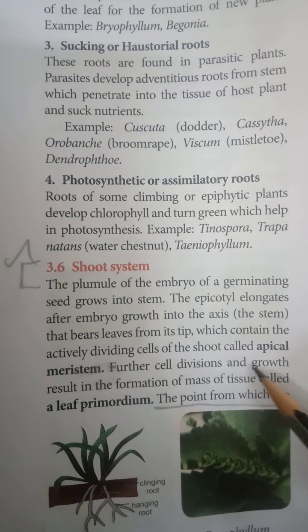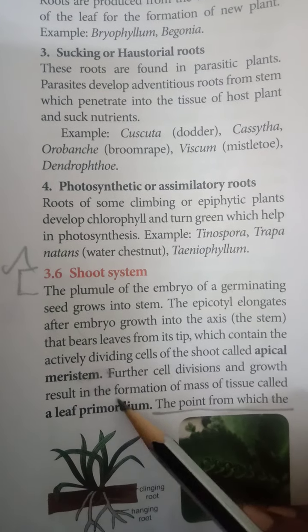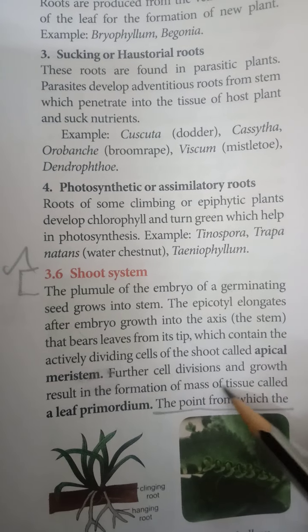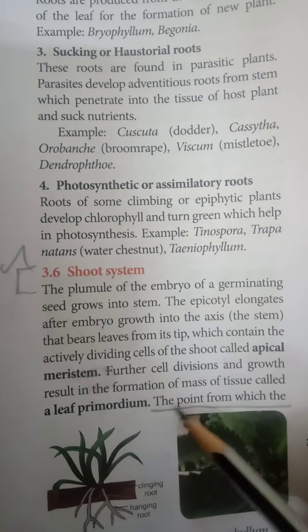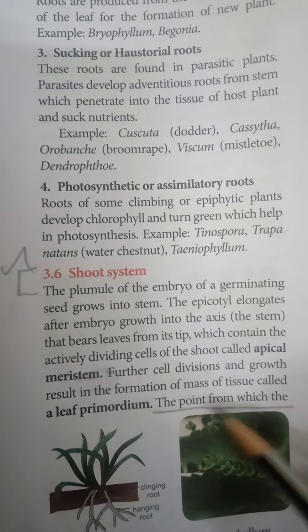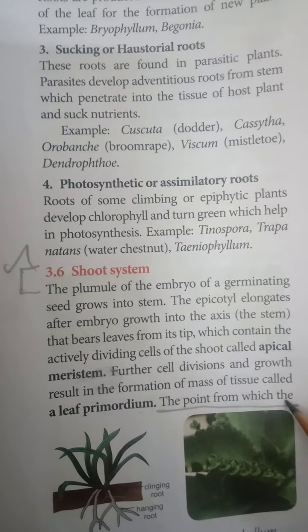Further cell division and growth result in the formation of a mass of tissues called a leaf primordium. The point from which the leaf arises is called a node. The region between two adjacent nodes is called an internode.